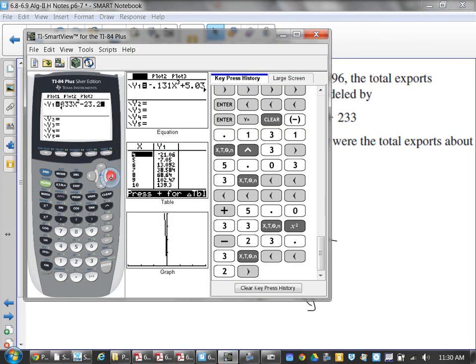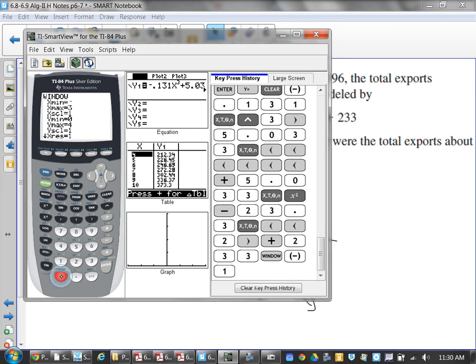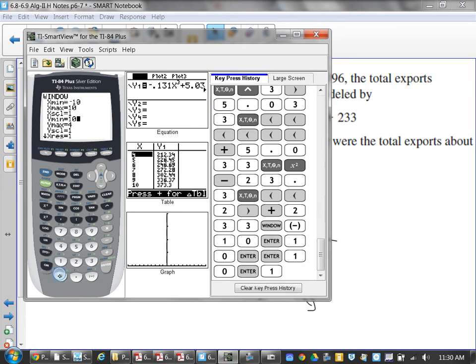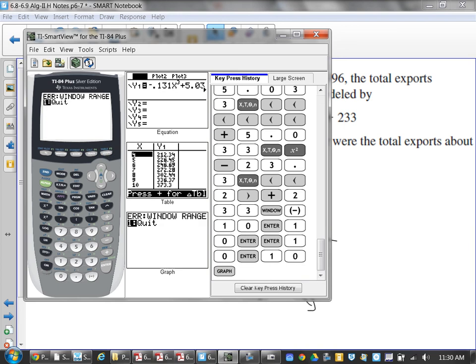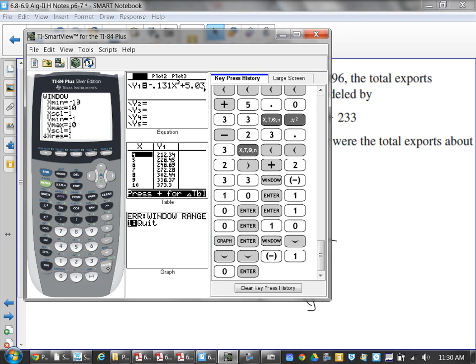Oh, that's a P. I'm going to change my window back. You didn't put a negative on the line.